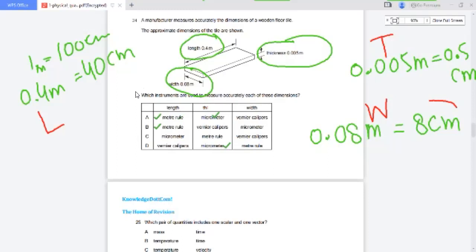Now width is 8 centimeters. So 8 centimeters can be measured with the help of Vernier calipers. So these options are correct. So you can see our option A is the correct option.